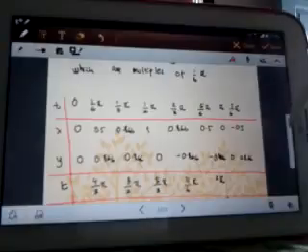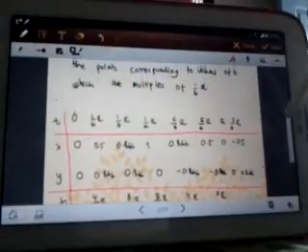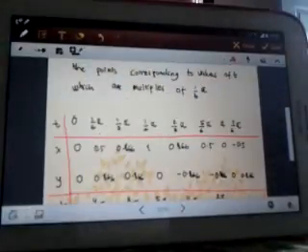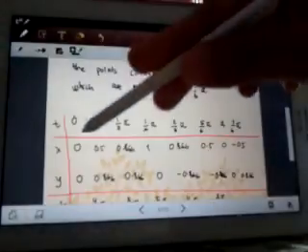To make the curve, of course we have x and y values in the Cartesian plane. So just plot these points.